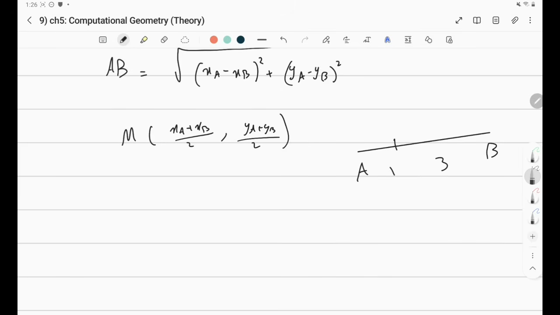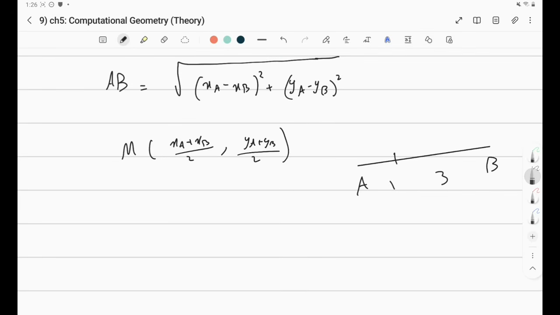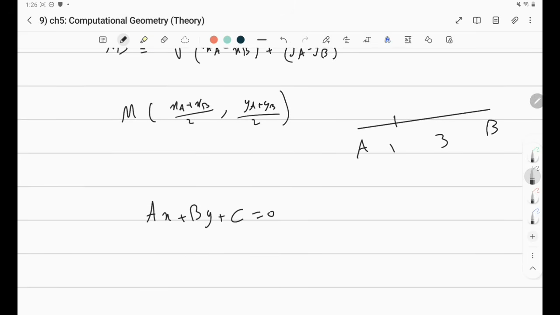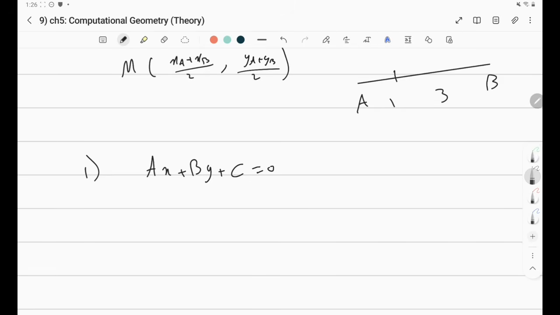What else do we know? Of course, we also know how to do the equation of a line. Given any line, you can write the equation like this: ax plus by plus c equals 0. That's the first form, or the second form, which is y equals mx plus b. This one works for any line except vertical lines.